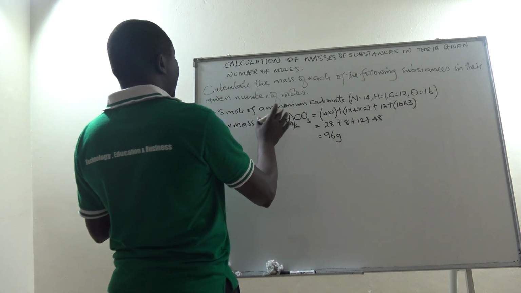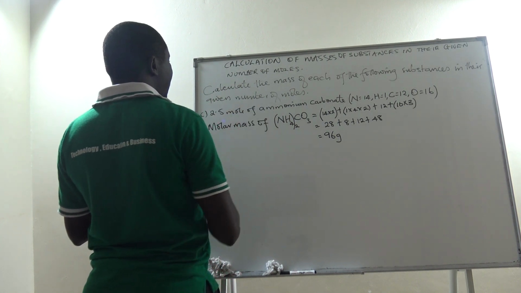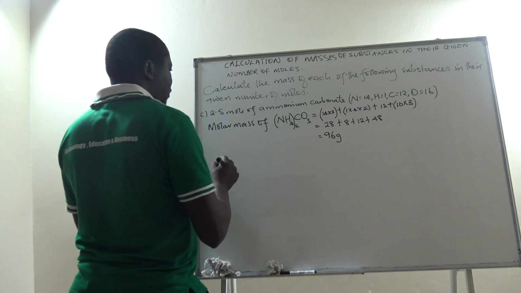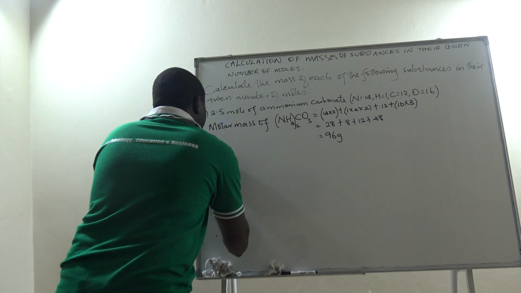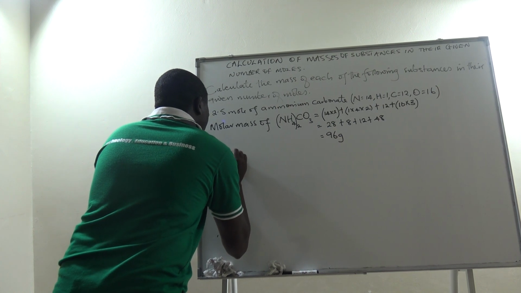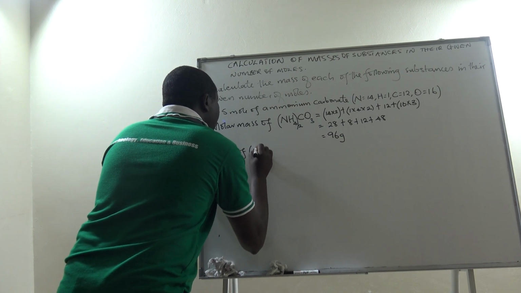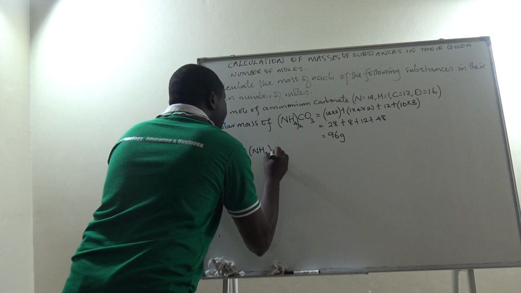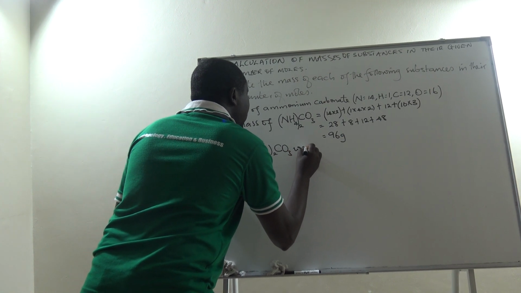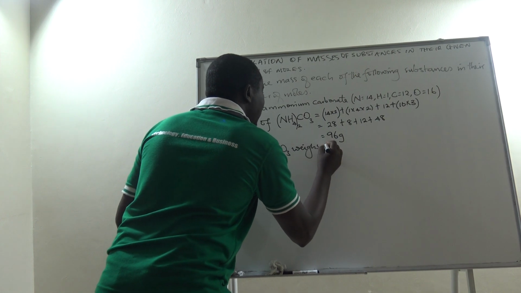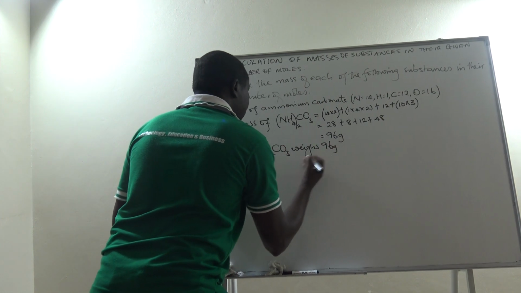So let us go ahead and we get the mass of ammonium carbonate in the 2.5 moles. And since we are looking for mass that side, moles this side, and we start with 1 mole of ammonium carbonate weighs, so it weighs 96 grams.